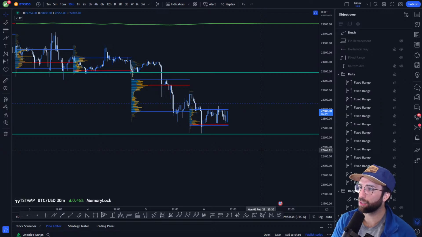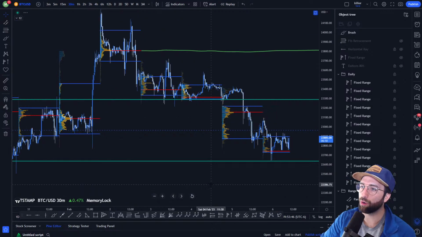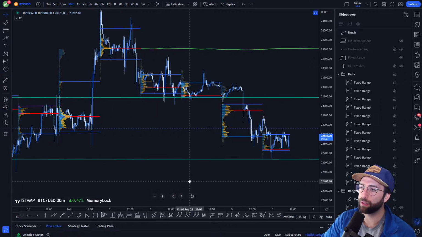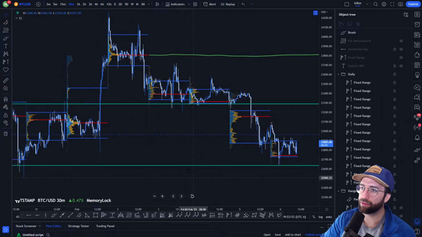And you can also use Dalton's 80% rule, not only for a trade setup, but to also give you an idea if something is a real or a fake breakout.